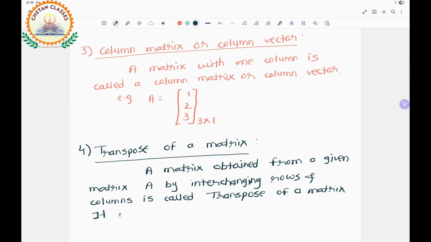And it is denoted by A transpose like that or A dash.